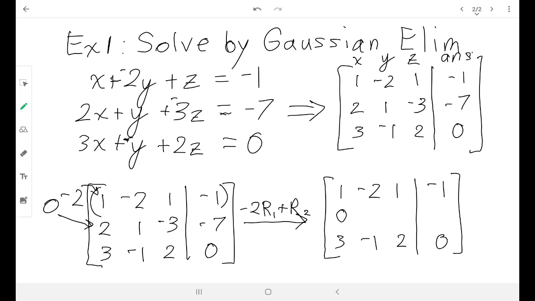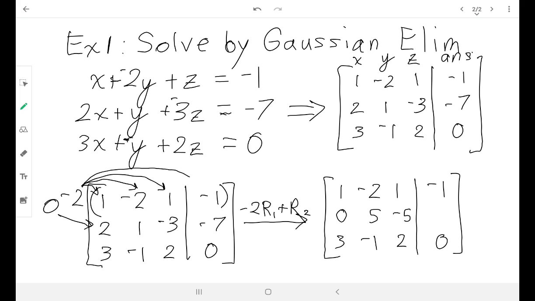So if I do negative 2 times 1, I get negative 2, and negative 2 plus 2 gives me that 0. And then negative 2 times negative 2 gives me positive 4, and positive 4 plus the 1 underneath it gives me a new one of 5, okay? And then negative 2 times that 1 gives me negative 2, and negative 2 plus negative 3 gives me negative 5.